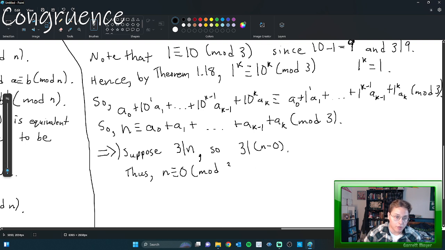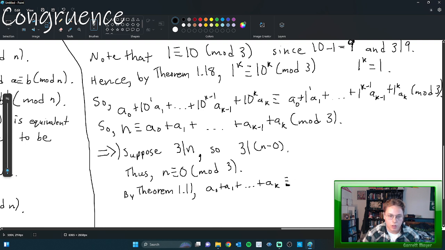Now, by the transitive property, which we learned previously, I think this is theorem 1.11, because we know that n is congruent to the sum of its digits mod 3, we also know that a0 plus a1 plus dot dot dot plus ak is congruent to 0 mod 3.